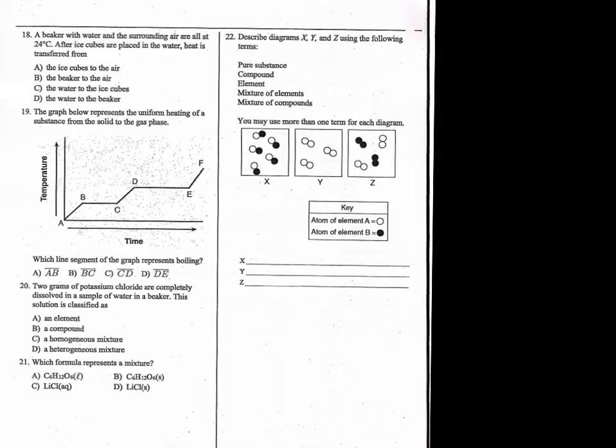Alright, so number 18, heat goes from high to low. So this is heat. So we start with the water being 24 degrees Celsius, and then ice cubes here.